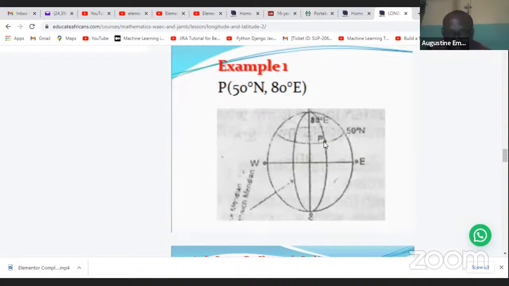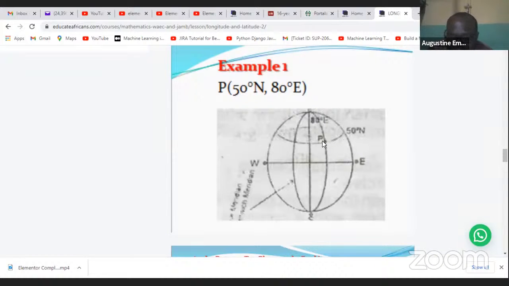80 east, 50 north. This meridian here is the 80 east. This very line here is the 80 east. Then 50 north is this very one. You remember this is 0. As it increases, it gets up to this place, which is 90.